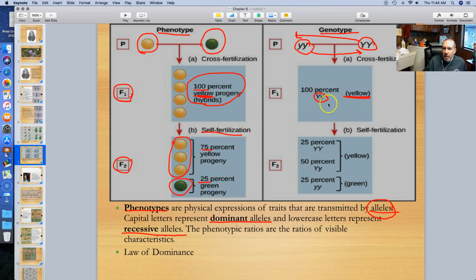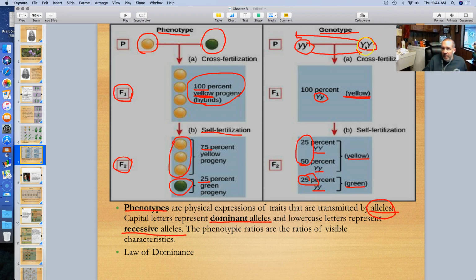And then when we self-fertilize those, again, we still get a combined 75% that are yellow and 25% that are green. It's the exact same thing on this side. The only difference is now, instead of just having yellow and green, we actually have three possible genotypes.